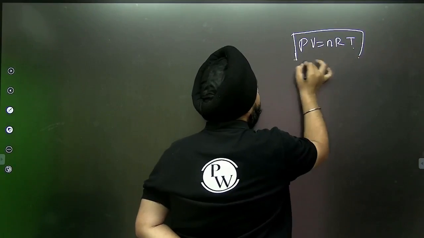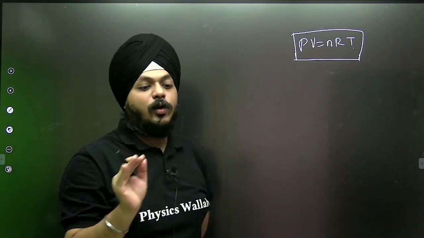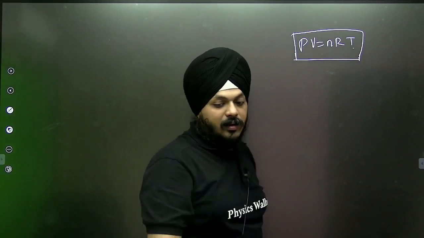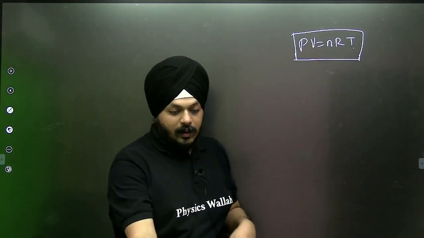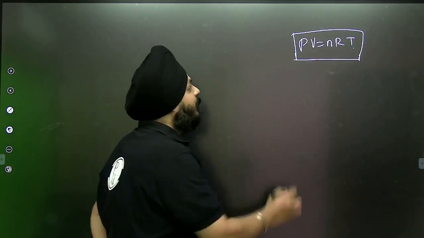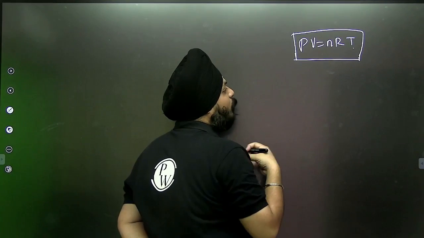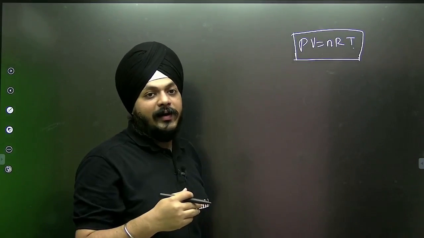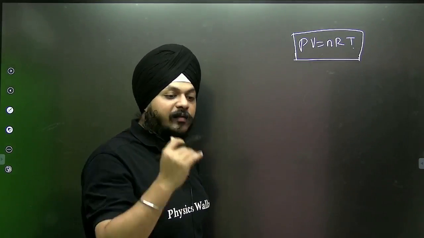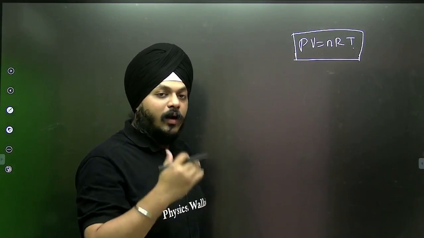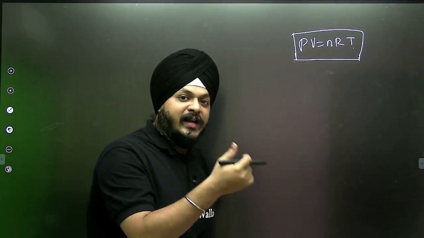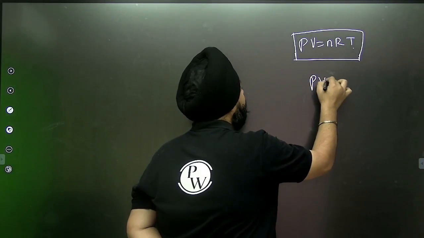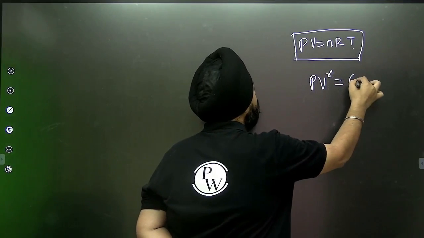Now suppose there is no heat flow from the system, and it is covered in an insulated chamber. It means the process is going on quite rapidly. It is an adiabatic process, and the equation is PV raised to gamma equal to constant.